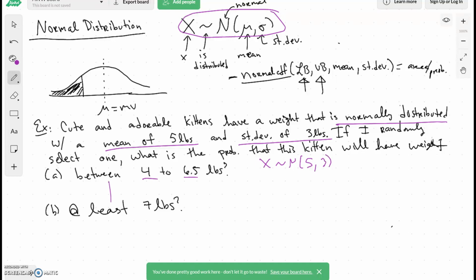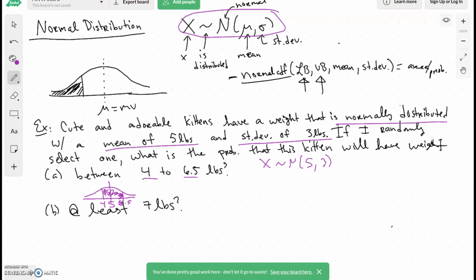If I were to draw a normal curve, and always try to draw a normal curve because it really just helps you, the mean is centered at 5, so 5 is right here, 4 is here, and here is 6.5. Basically what we're looking for is the area bounded between these two numbers. So the probability that x is between 4 and 6.5.